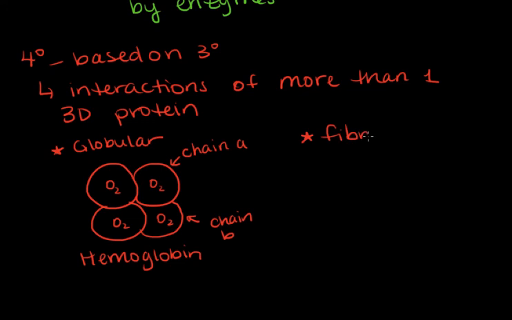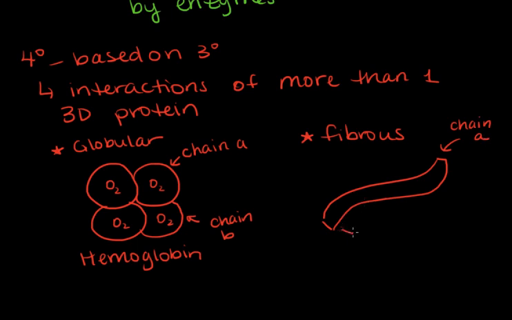And so that's what I tried to draw before there. So as you're adding more and more, it's going to kind of look like a braid. So here's chain A, and of course they're always going to be labeled, and here's chain B, and maybe it's going behind and wrapping around.